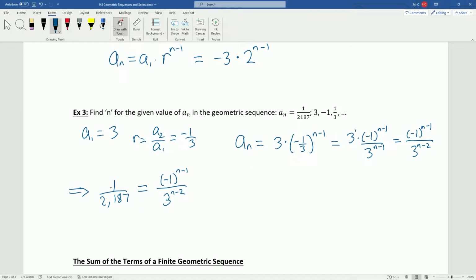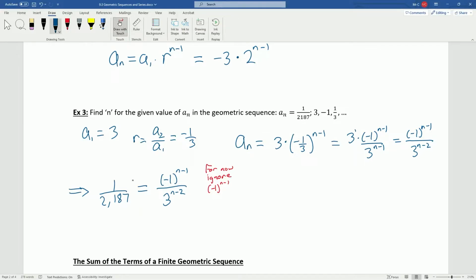But I can't actually solve that, right? I don't really have any good algebraic approach to dealing with this negative alternating term going back and forth here. So what we're going to do is basically, for now, ignore the -1 to the n minus 1. And then we'll just check that our answer makes sense afterwards.